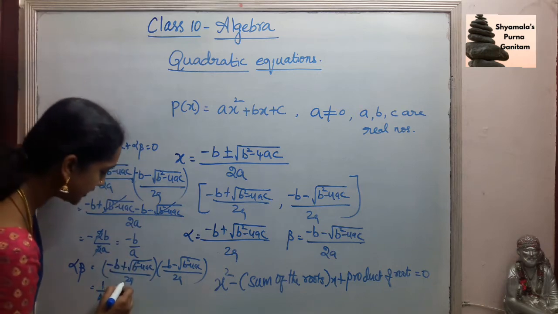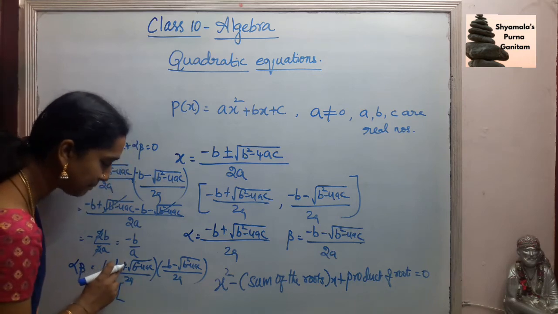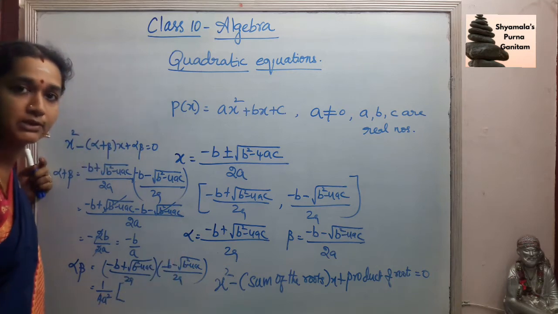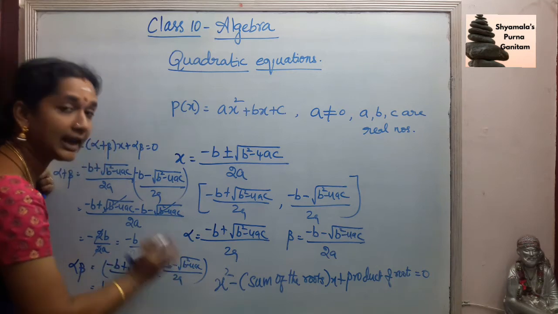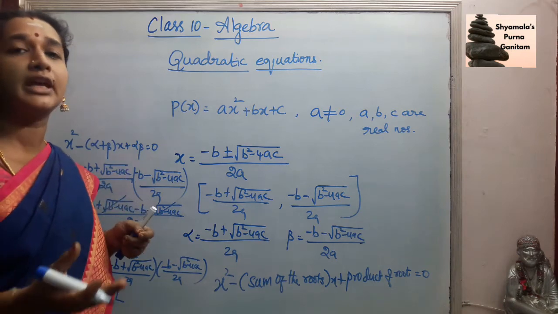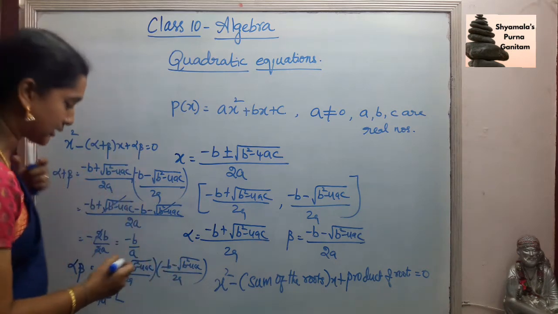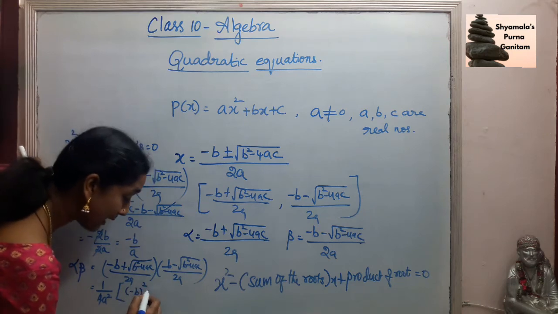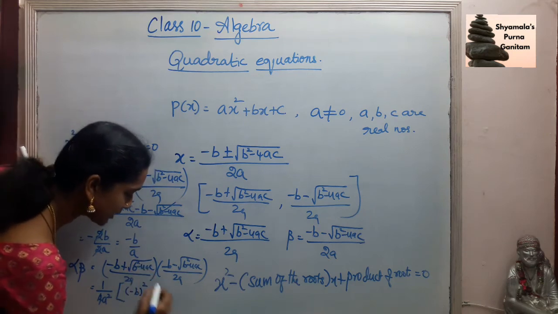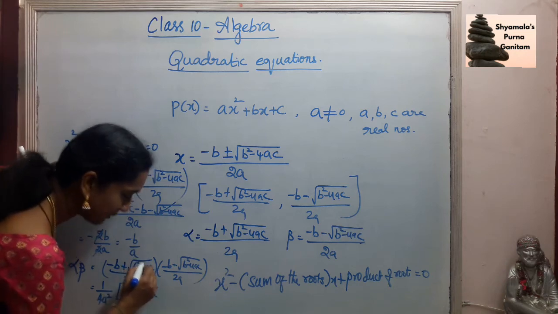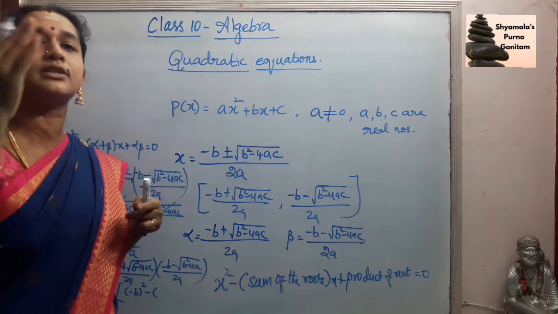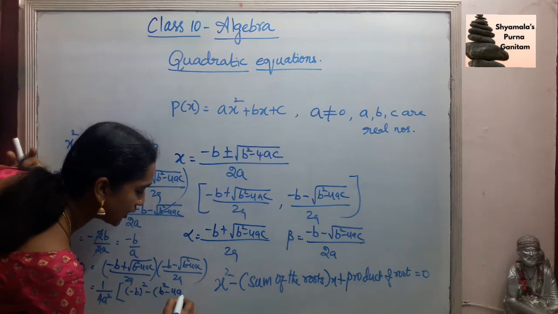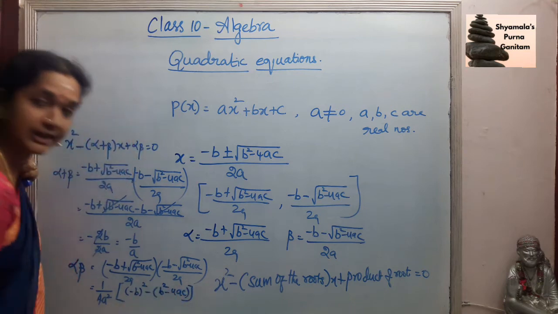The remaining will be minus b plus root of b squared minus 4ac and minus b minus root of b squared minus 4ac, that is a plus b, a minus b. So we can use the identity a squared minus b squared. So a squared is minus b the whole squared, minus b squared is b squared minus 4ac the whole squared. Root and square will get cancelled, so we will get b squared minus 4ac alone.